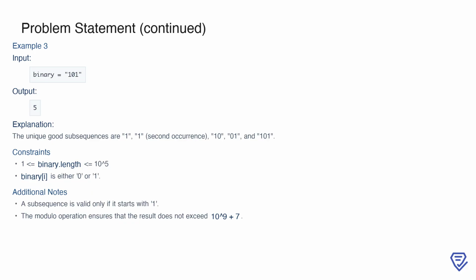This gives us a total of 5 unique good subsequences. Moving on to the constraints, the length of the binary string can go up to 10 to the power of 5, which means we need an efficient approach to solve this problem. Additionally, the modulo operation ensures that the result remains within manageable limits, specifically under 10 to the power of 9 plus 7. It's also important to remember that only subsequences starting with 1 are considered valid for this problem.